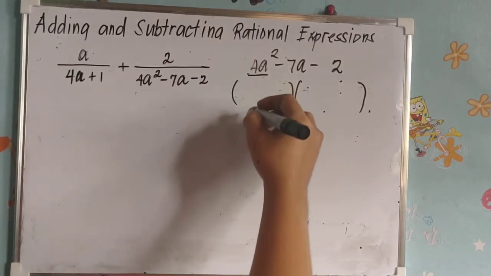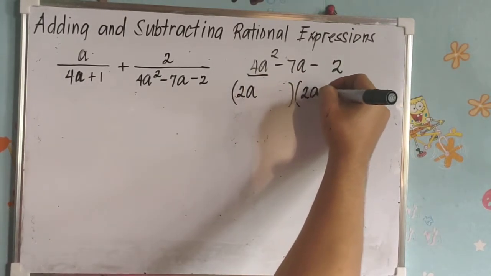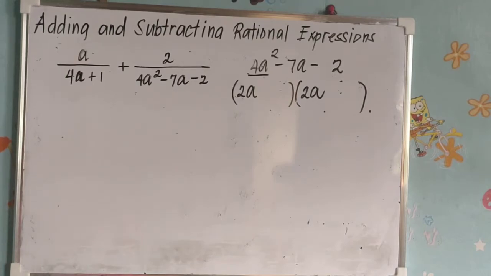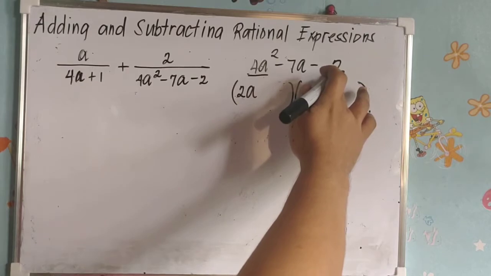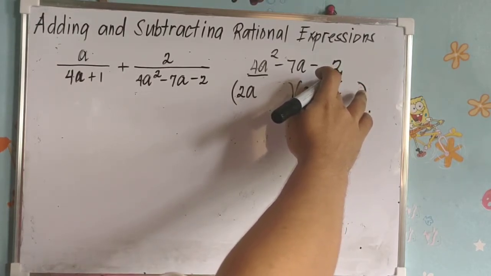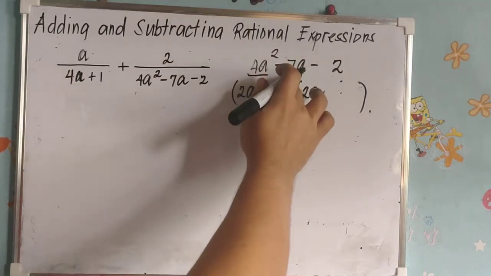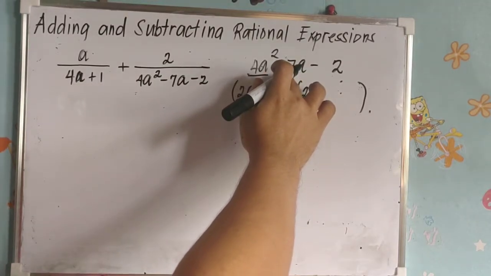That means the first terms are both 2a, and we have here 2a, right? Then the last term is negative. That means one of the factors is negative, because positive times negative is negative. And the middle term here is negative, meaning the bigger number is negative.